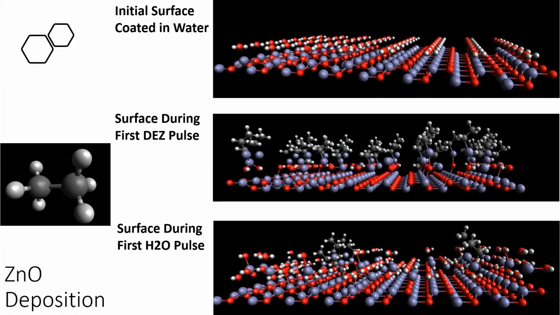The next slide is a 20-second animation of this process happening. So the pulse and purge are indicated by blue and red. So that's going to be the pulse. The purges are represented by white. So you kind of see what I mean.